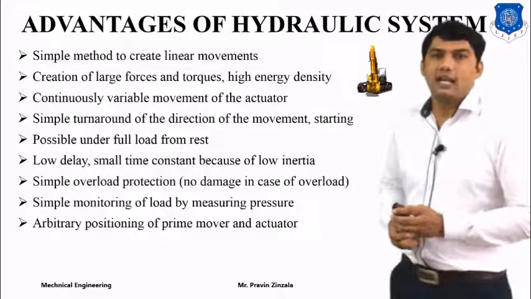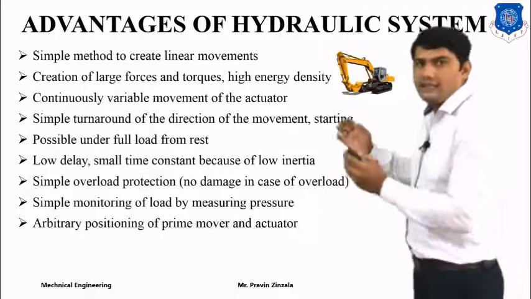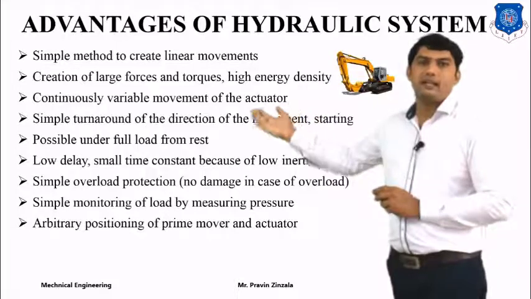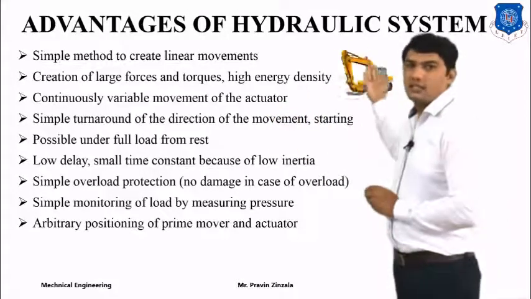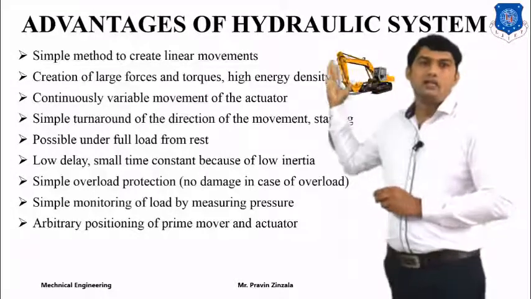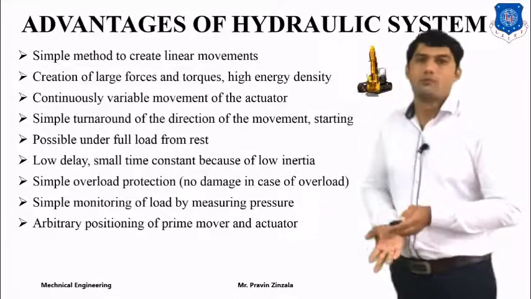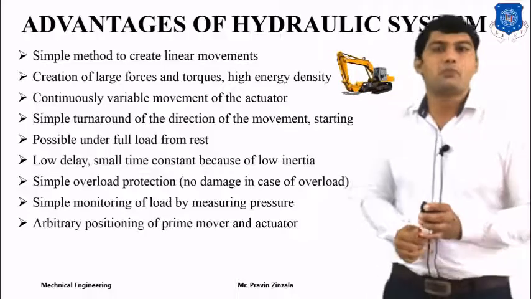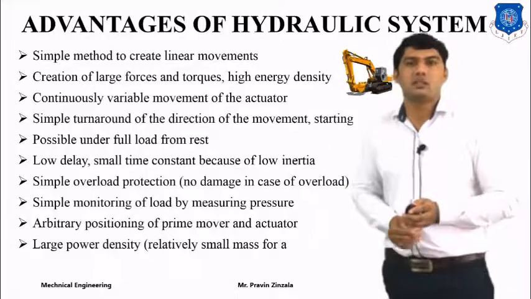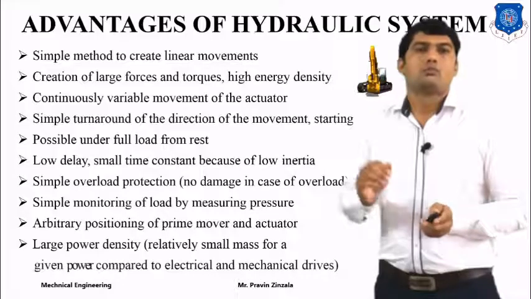The next advantage is arbitrary positions of prime movers and actuators. This means we can easily locate the different components of a hydraulic system compared to mechanical and electrical systems. As in the JCB example, we can easily locate the different actuators at different locations, and we can also locate the prime movers or hydraulic pump at different locations. The next advantage of a hydraulic system is large power density relative to small mass.